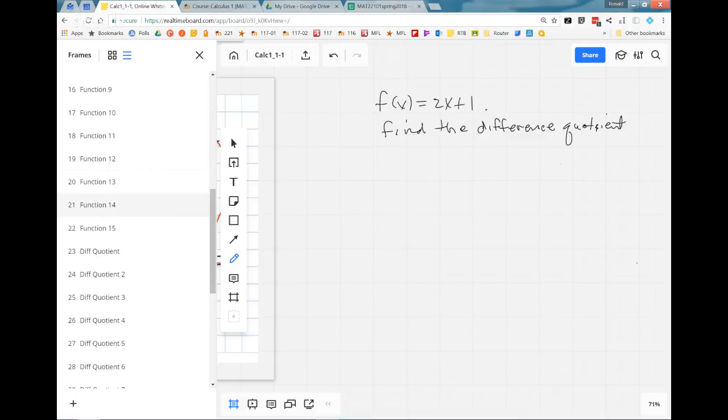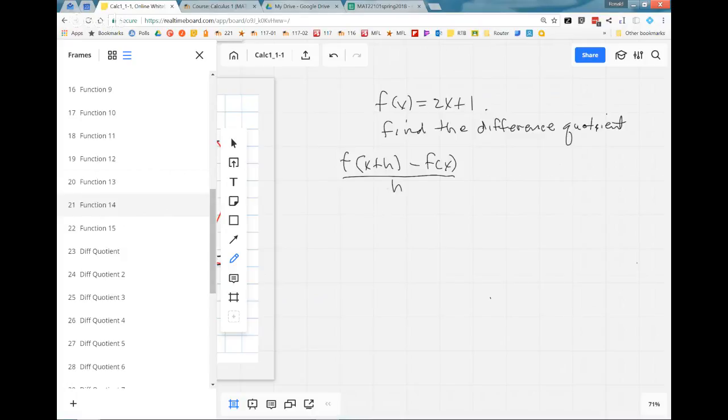So that means we need to find this. That quantity we were just talking about, that's the difference quotient. It's that slope formula for those two generic points.